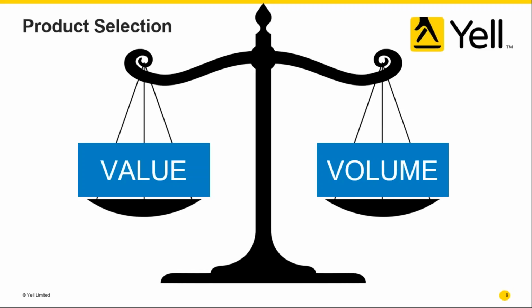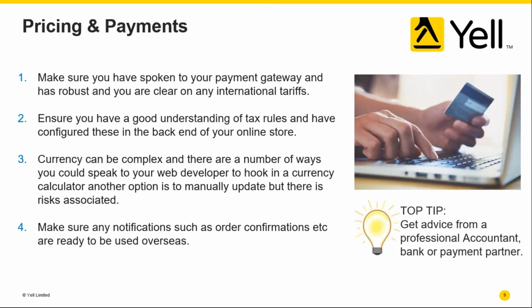So when you test this out, that is one of the things that you're looking to measure: what products work well and what products don't work well, and then work your marketing messages and your plan around these. And we'll come back to that later, just around the plan and making sure that you have the right plan in place to deliver that. So just moving on to the next slide.